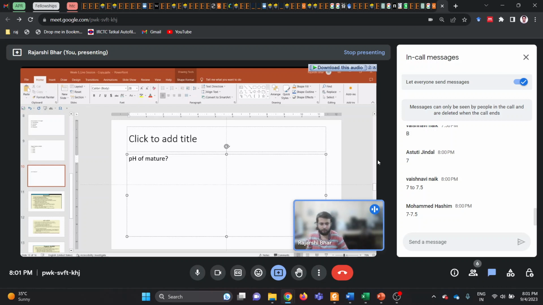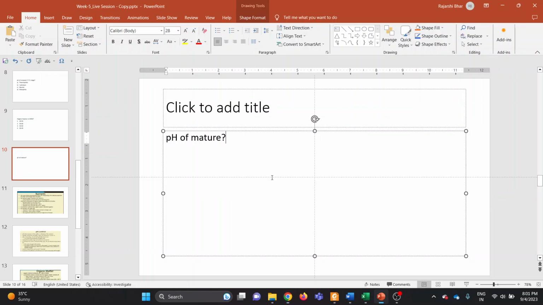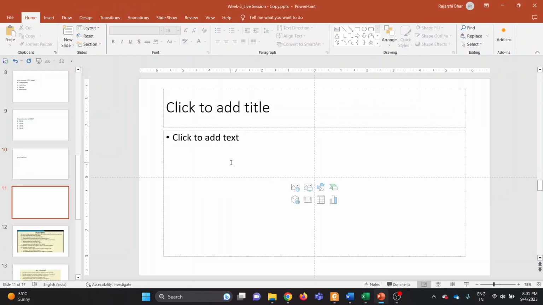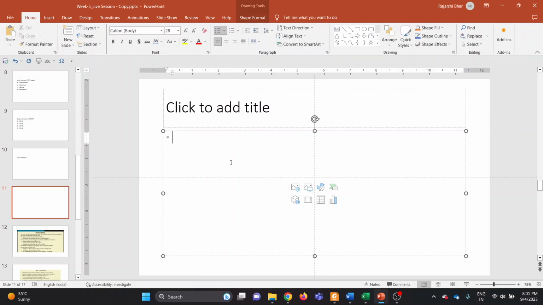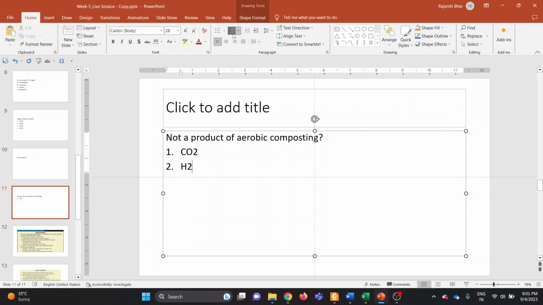Now, finally, moving to question number 10. This is also a very easy question. You have to find the option which is not a product of aerobic composting. Your options are carbon dioxide, hydrogen sulfide, water, or all of the above.